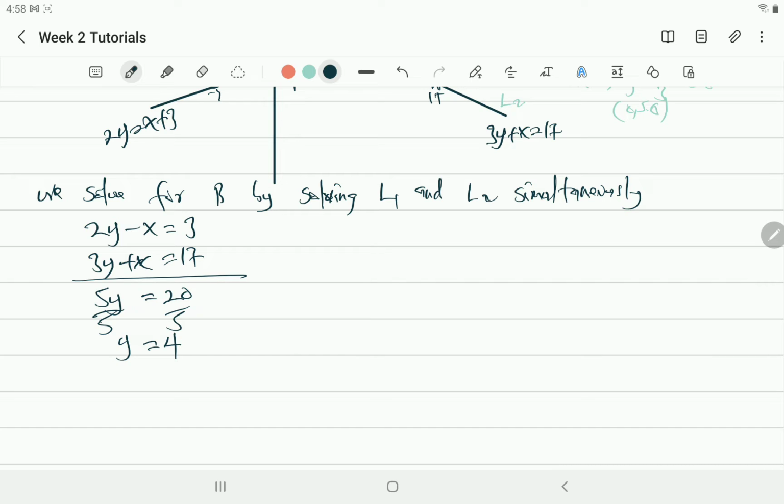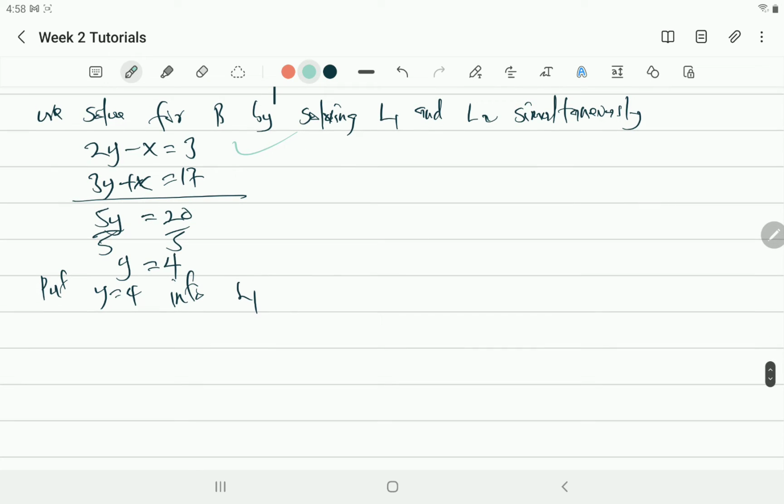So we can now substitute y equal to 4 into maybe L1. And L1 is the first equation here. So that implies that we have 2 times 4 minus x equal to 3.